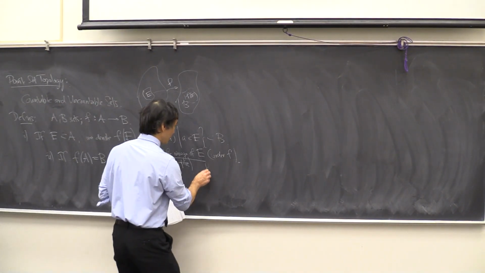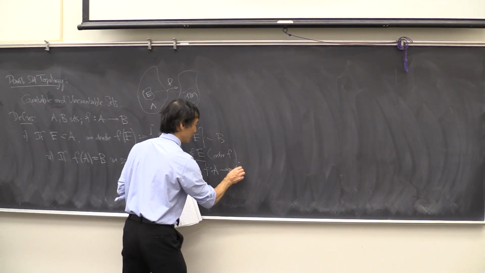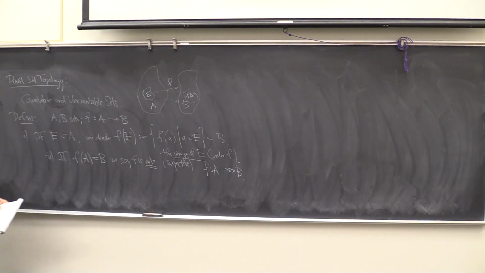And sometimes, if I'm feeling like it, I'll write it like this, using a double arrow for the surjective map. I think that might also be the Bourbaki notation.